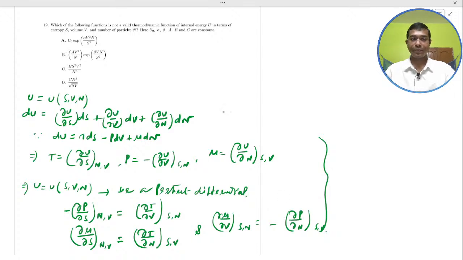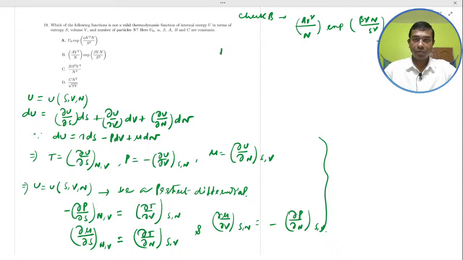Now you check one after another option. Check option B. This is given as AV square divided by N times exponential beta Vn by A square.